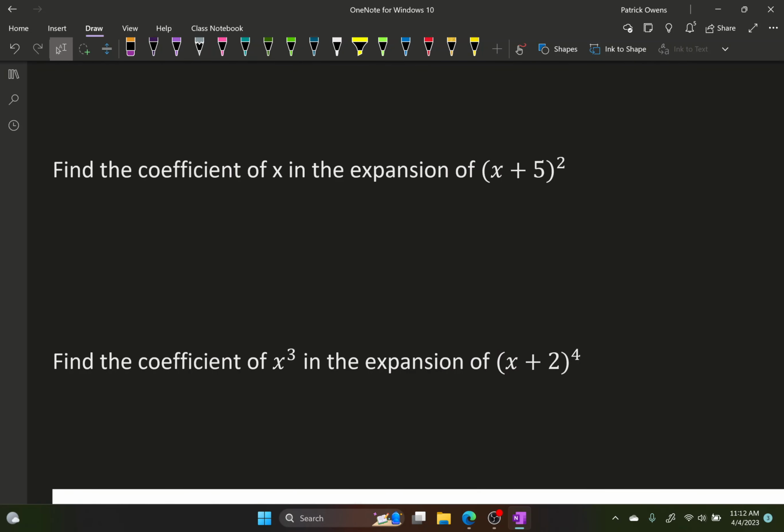So in this case, we'd have some combination where the top number is always the exponent of the binomial.